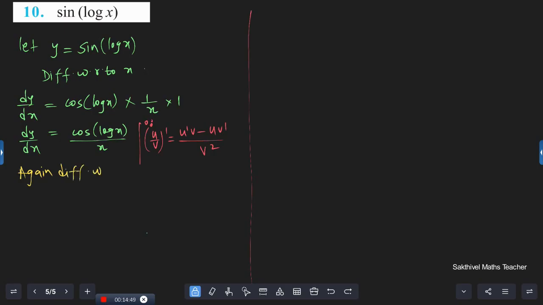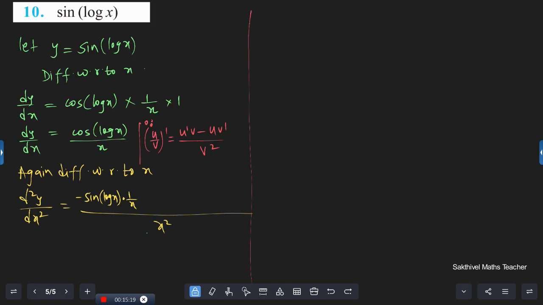So again differentiate with respect to x on both sides. So d square y divided by dx square is equal to, the denominator x we have to square. Okay. Numerator: u dash v. When I first take u dash, u means numerator. Cos when I differentiate is minus sine of log x into, when I differentiate log, 1 by x.